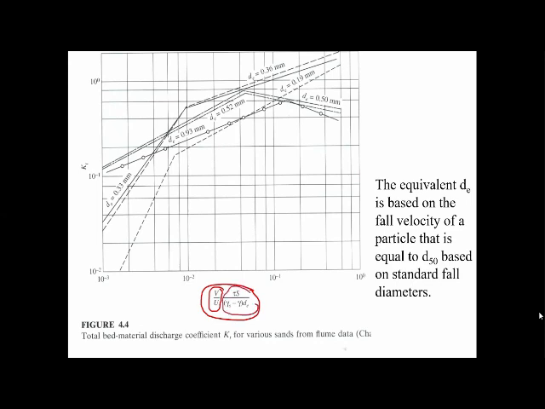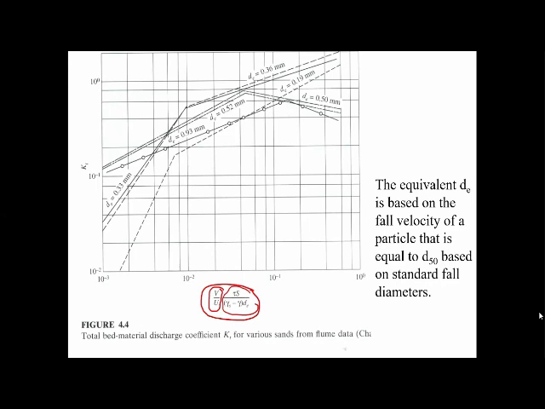S here is the slope of the river, and D is the diameter of the particles, and you have different lines for your particle size in this graph.